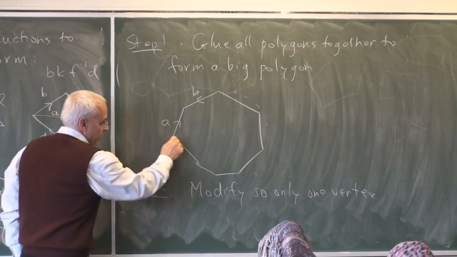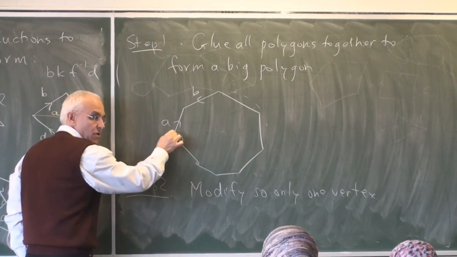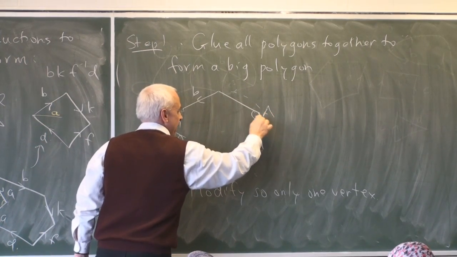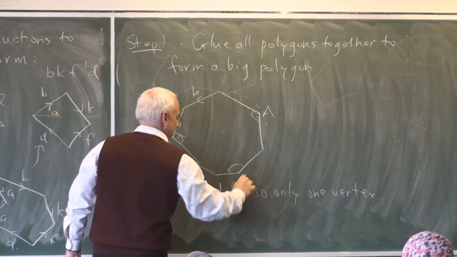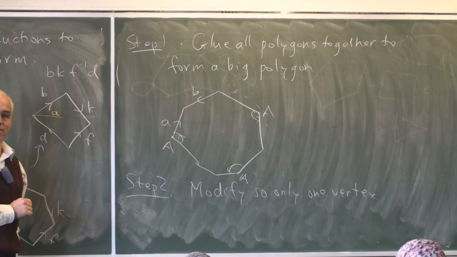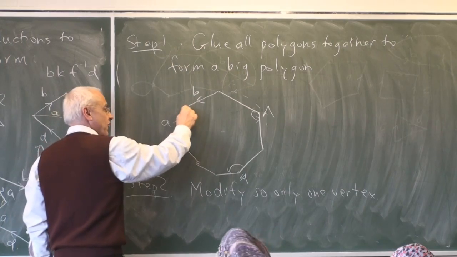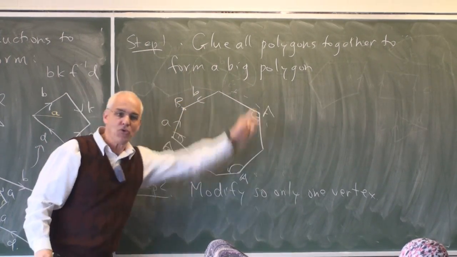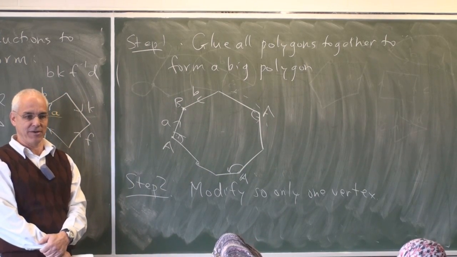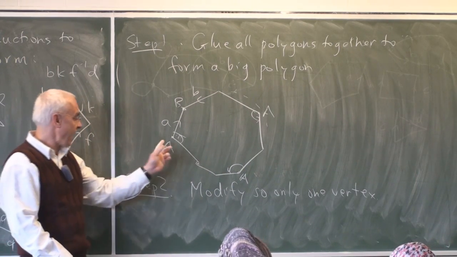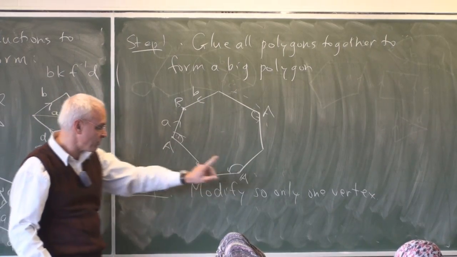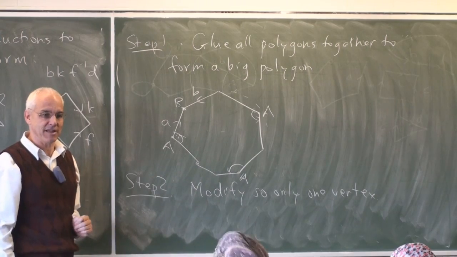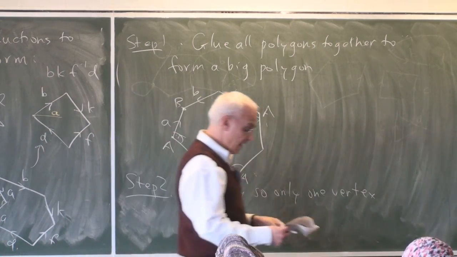In other words, if we looked at one of these vertices, let's call it A, and we went around here like I did in that first example, I might find another edge A, and then I might find another edge A, and then I might find I'm back to where I started. So that would be one vertex, and then I would do the same thing for another vertex B. I don't want that situation. I want there to be only one vertex around the whole boundary, instead of having A, B, C, and so on. So it's possible to do that. That's a step.